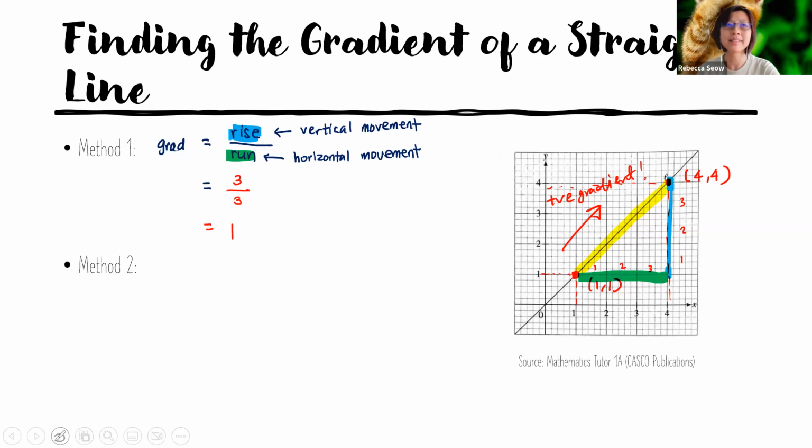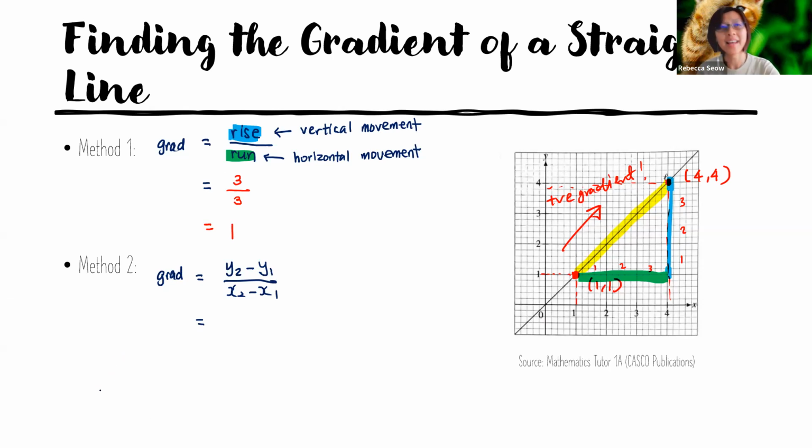Now the other method would be using a formula. And that would be y2 minus y1 over x2 minus x1. Okay, some of you are taught this method by your teachers. And what exactly is x1, y1, x2, y2?